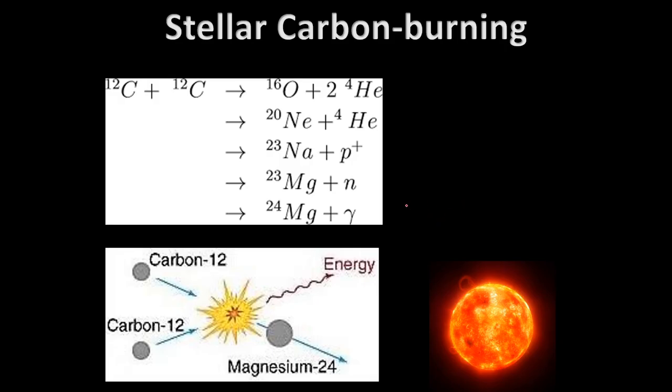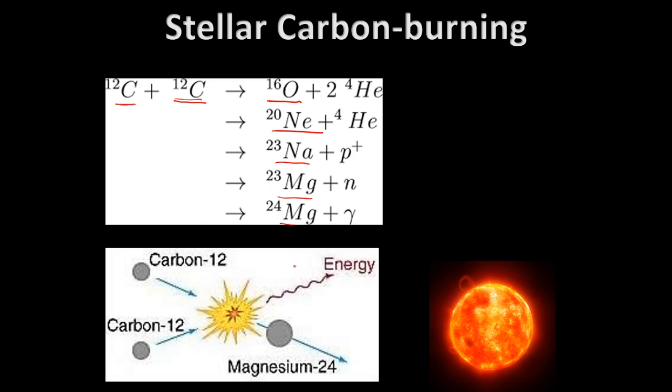There are a lot of different nucleosynthesis reactions that will create all the different elements of the periodic table up to iron. Okay? So for example, carbon-12 can burn, and you have carbon burning. Carbon-12 can react with carbon-12 in a nuclear reaction, create oxygen. It can create neon, it can create sodium, it can create magnesium under different conditions as well.